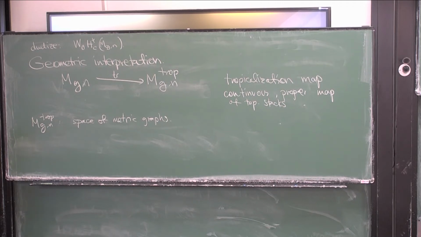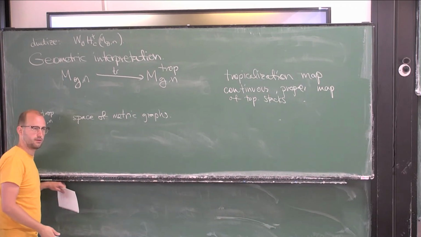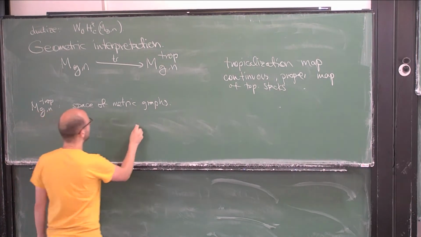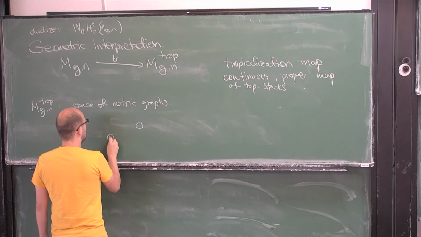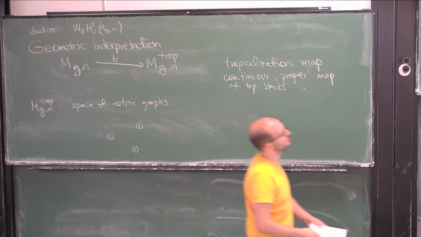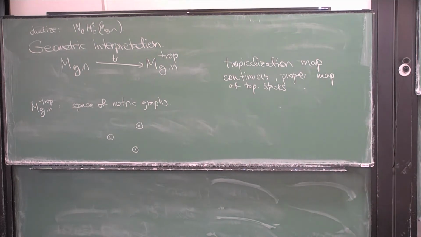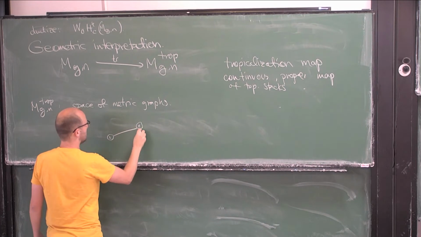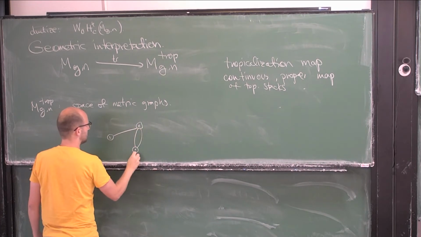Instead of defining it carefully, I will give an example of what a cell looks like. It's a cell complex. Suppose I have a graph of precisely the type that appeared here. So I might have parallel edges. I might have a tadpole.